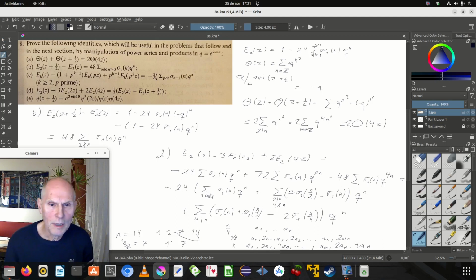So my problem here was that I put minus 24 outside the sum. So it's plus here, minus here, and plus here. And that means the number of A1s cancel.